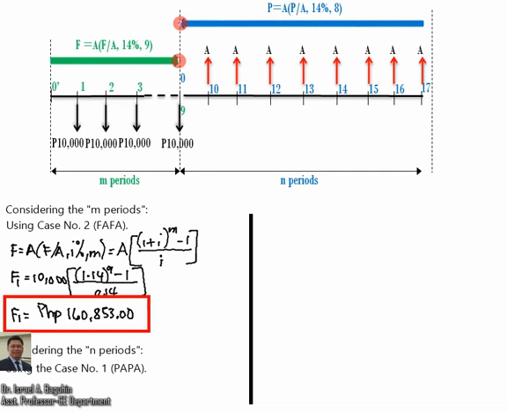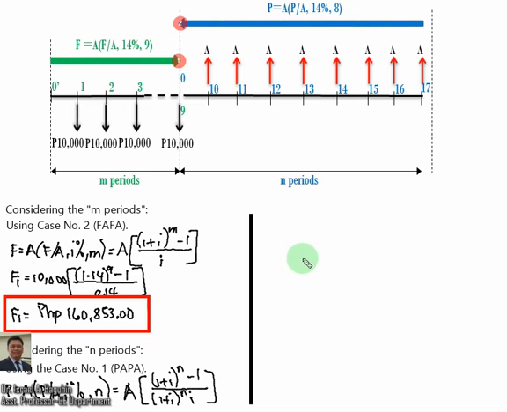Again, we have this formula for case number 1. So P is equal to annuity, P given annuity, I%, and then our period is N, which is then equal to annuity times the quantity 1 plus I raised to the N minus 1, all over 1 plus I raised to the N times I.